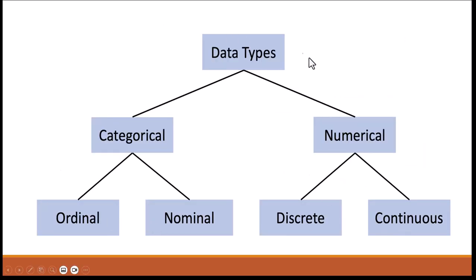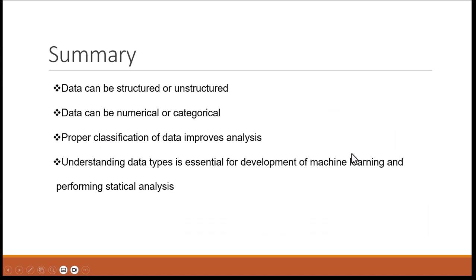Here is the diagram of data types for more information and your reference in the future. As I explained, there are two formats for data: structured and unstructured. And also we can consider the third one, which is semi-structured. Data can be numerical or categorical in the structured format.